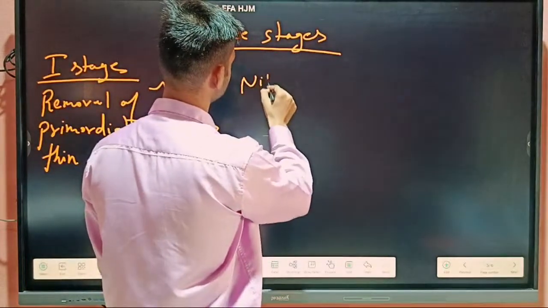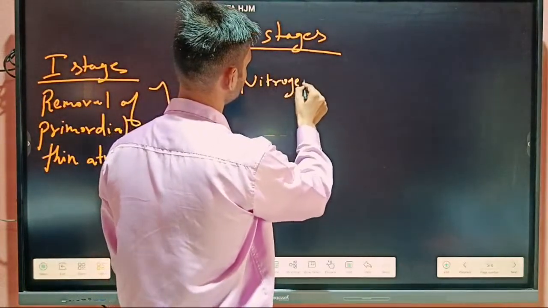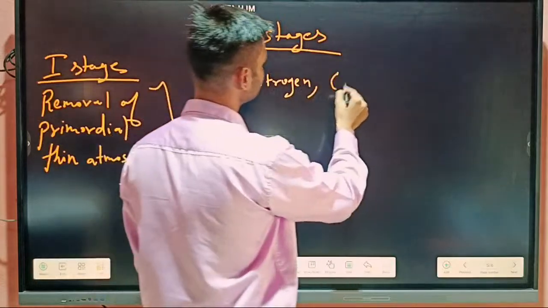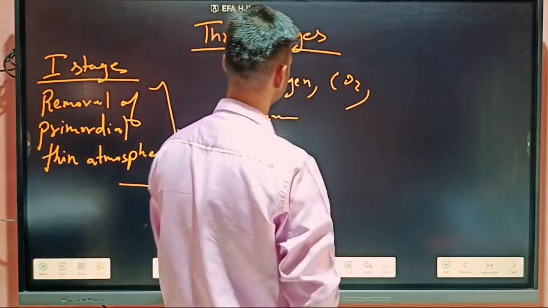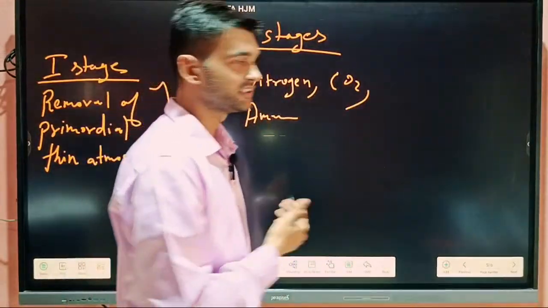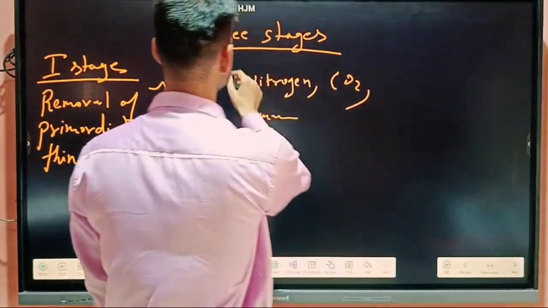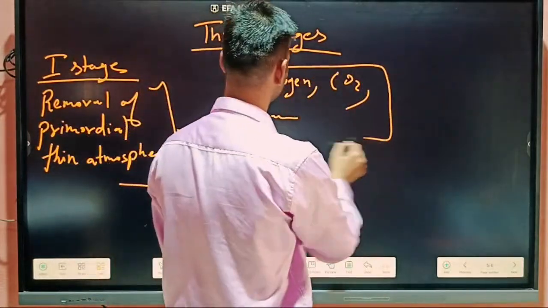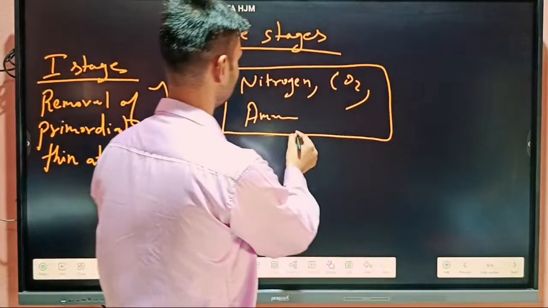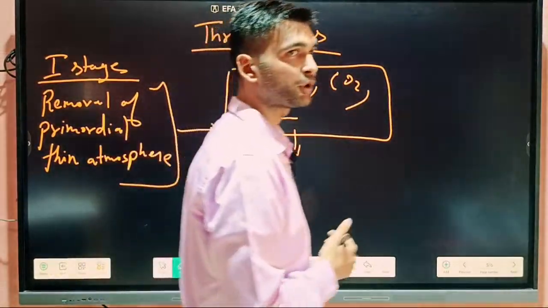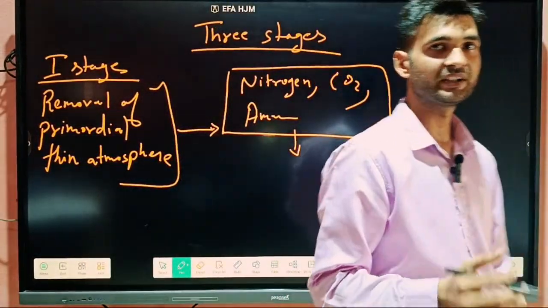Nitrogen, carbon dioxide, ammonia. Okay, all these were the initial gases released from the surface of the Earth. And outpouring of these gases is a process.